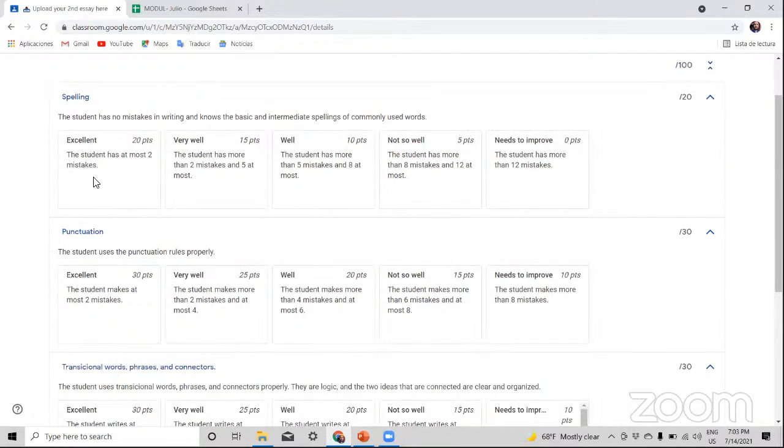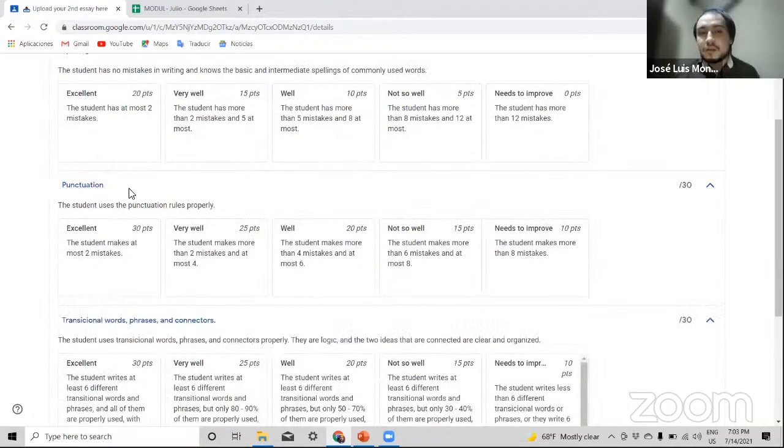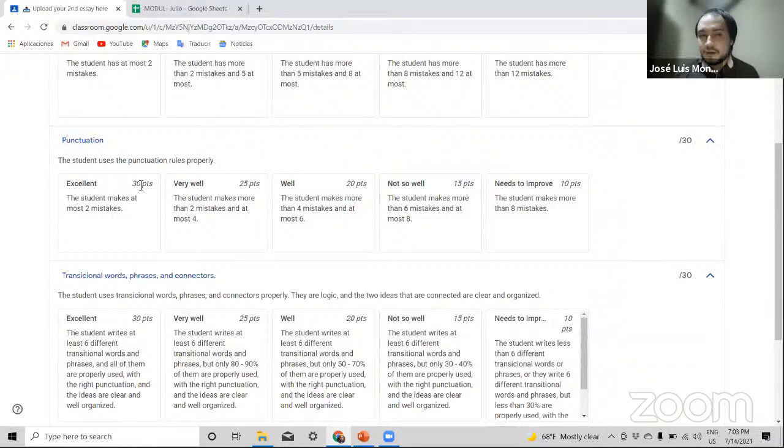Punctuation, the same criteria, but you only can lose or earn 30 points. If you have 2 mistakes, it's okay, because with 2 mistakes in punctuation, you still have the perfect score, 30 points. Minus 5 points if you have more than 2 mistakes, and at most 4, and so on and so forth. This is what you read with me.